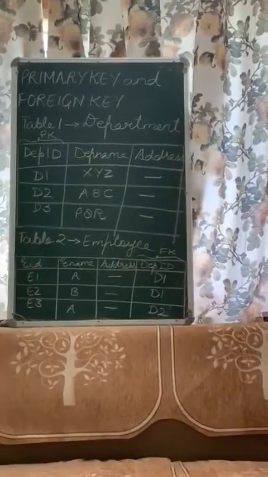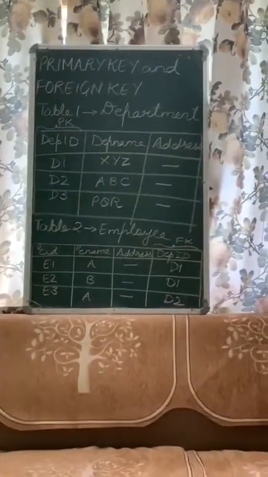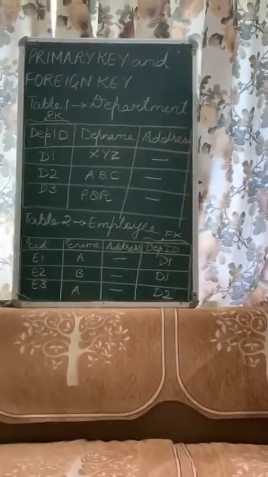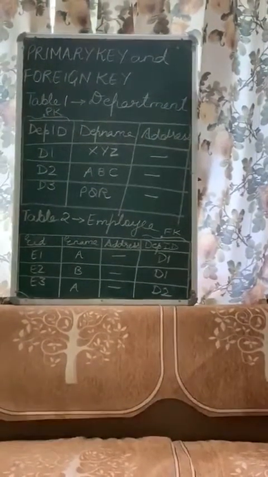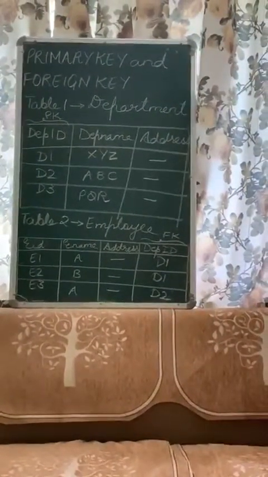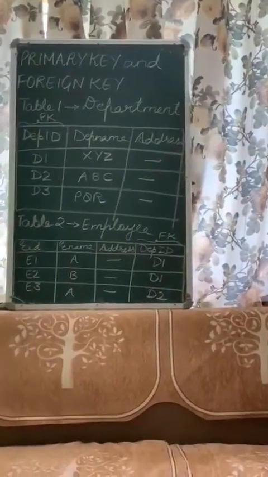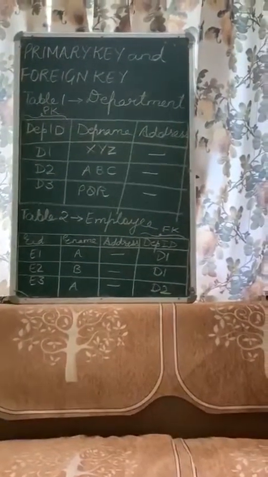So to summarize, we can say that primary key is the parent and foreign key is the child. Parent because it is the main key and it is used to identify the records of a table. So that is why it is acting as a parent.